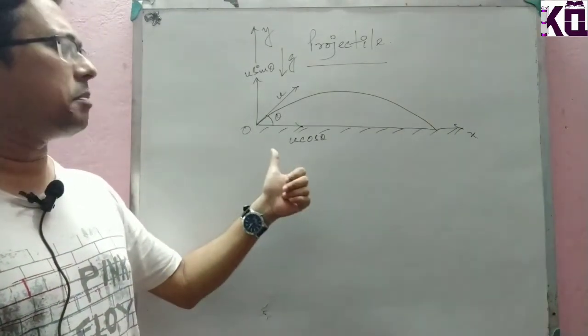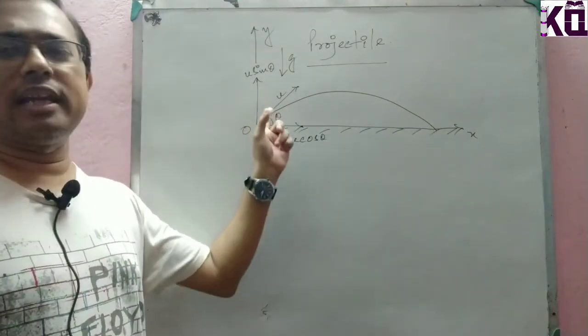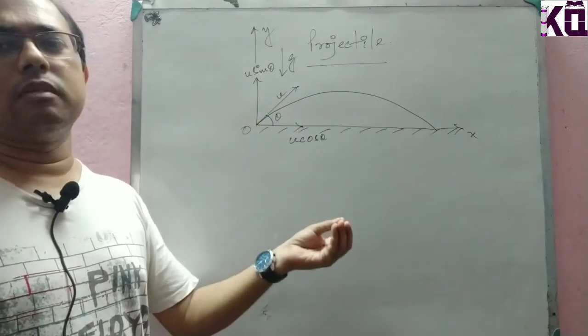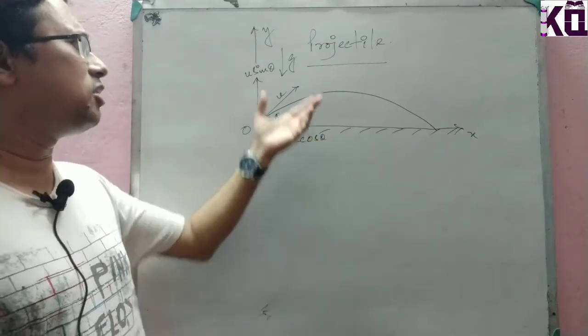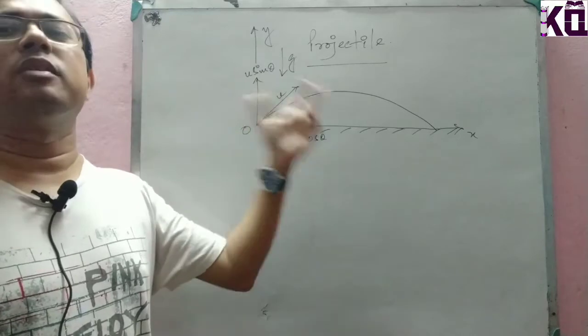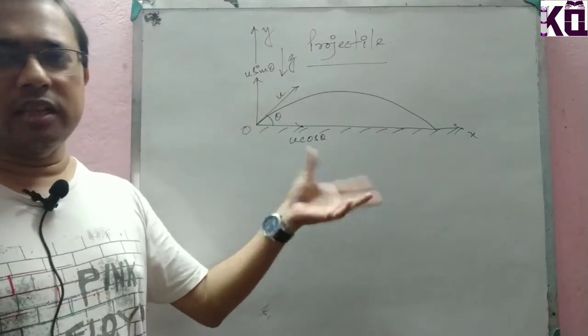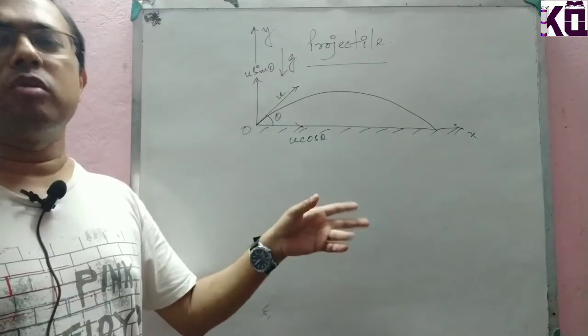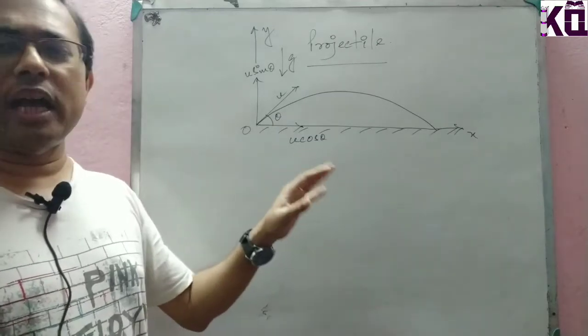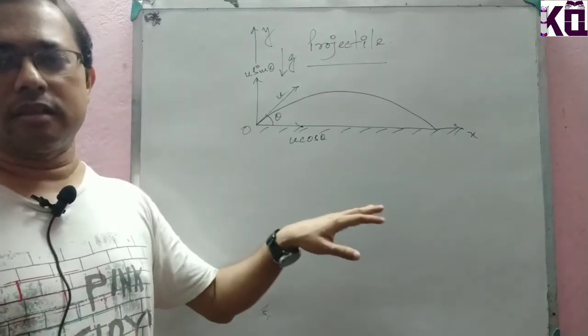Don't mess up x direction and y direction. Say acceleration in x direction, you are taking a displacement of y direction or something like that. So don't mess it up. X and y direction must be separated.